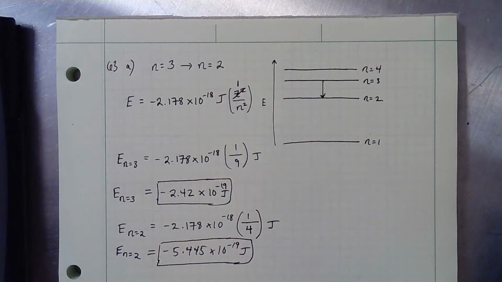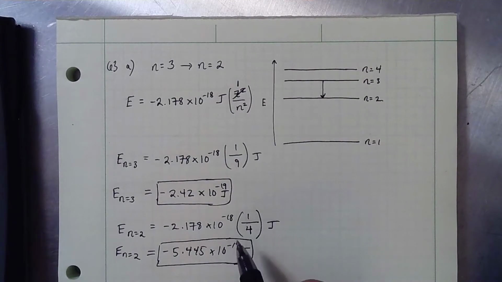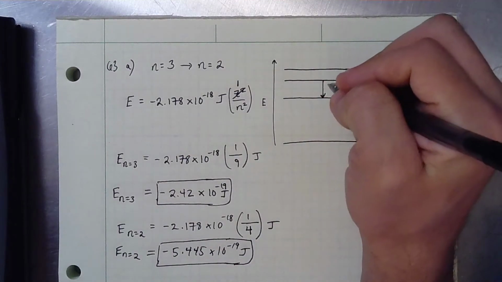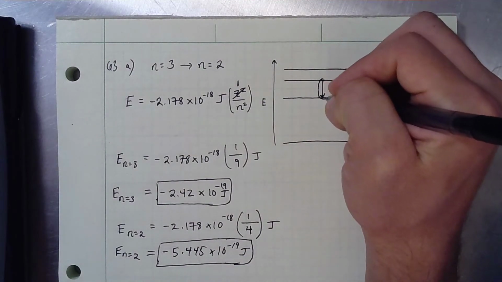Okay. So now we need to find the difference between these. It doesn't really matter which way you subtract, okay? There is a proper way to subtract, like one minus the other versus the other way around, but what we're really interested in here is just the raw difference.